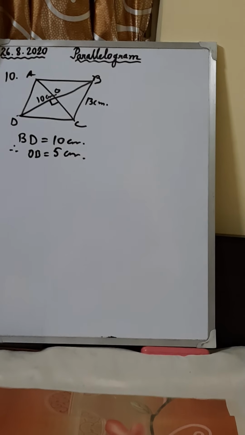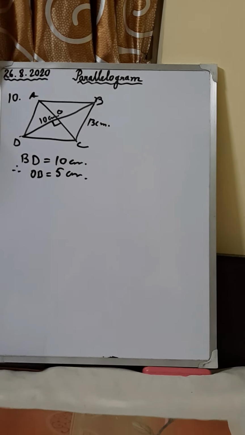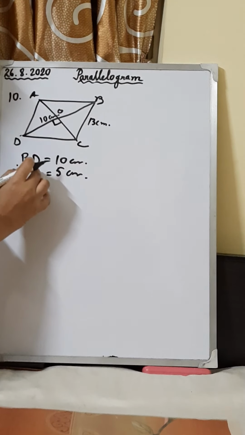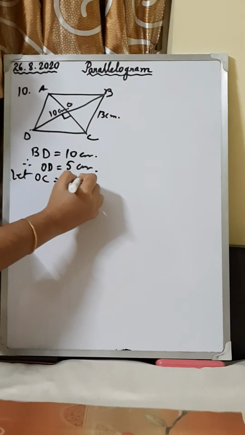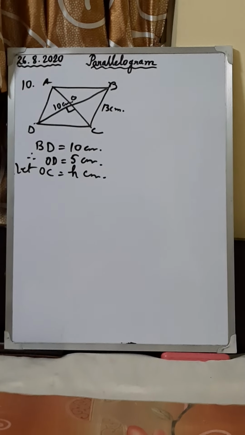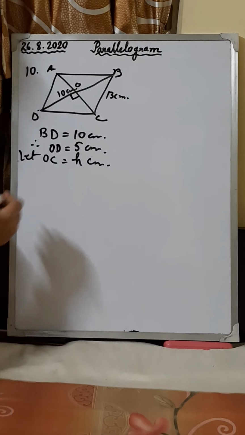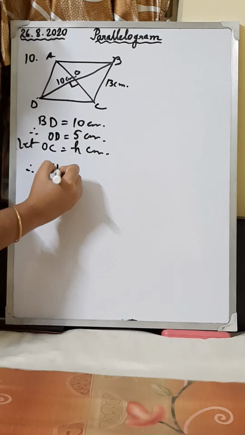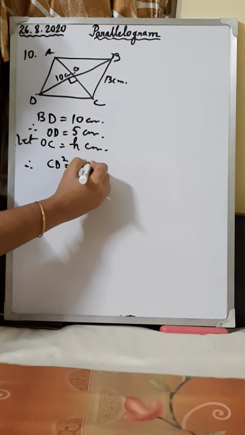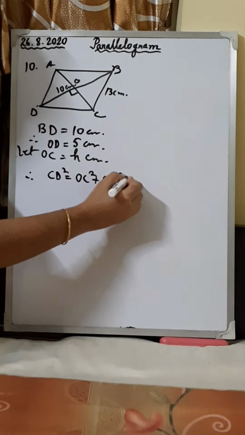So if the whole length BD equals 10 centimeter, therefore OD equals 5 centimeter because it is divided at half of BD. Now let OC equal 8 centimeter. According to the Pythagoras theorem, CD square equals OC square plus OD square.